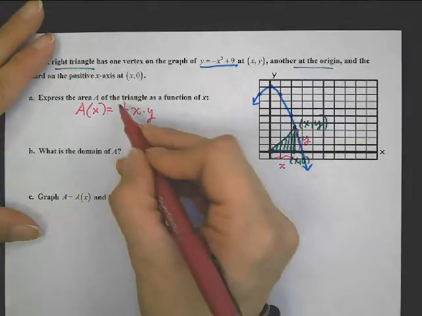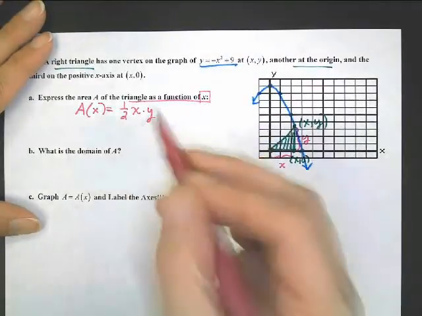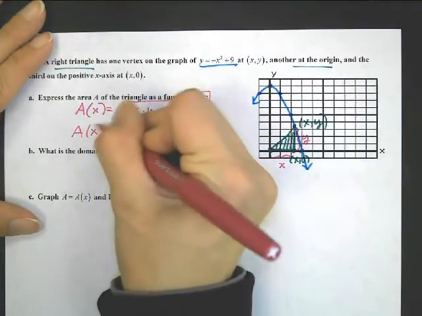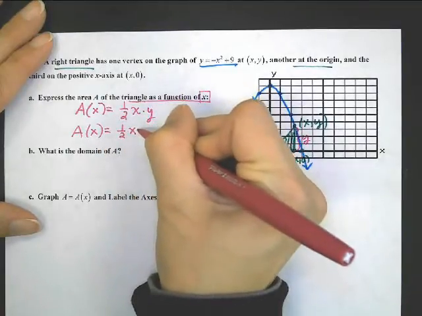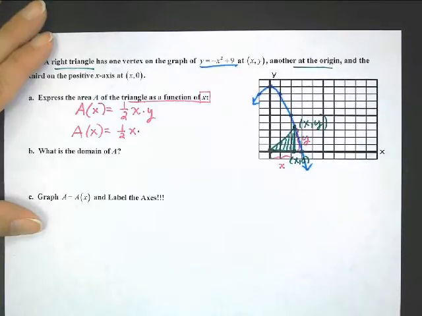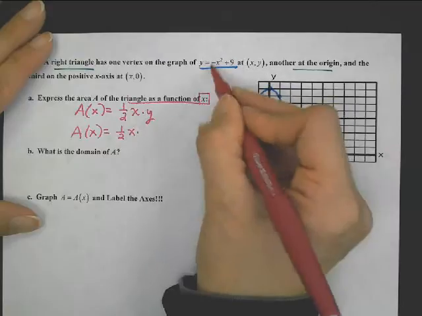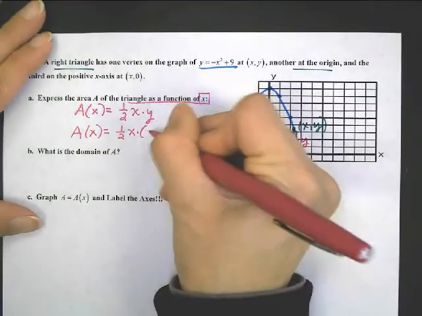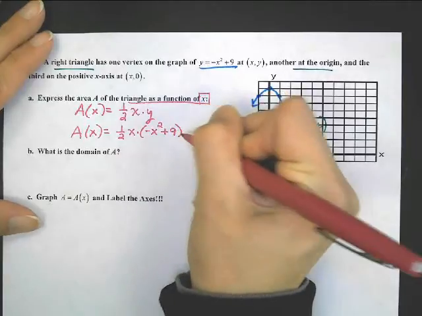Oh, but wait a minute. It says as a function of x. We're not allowed to have any y's. So A of x equals 1/2 x times, instead of y, what can I put there? How about the equation for y? Parentheses, negative x squared plus 9.